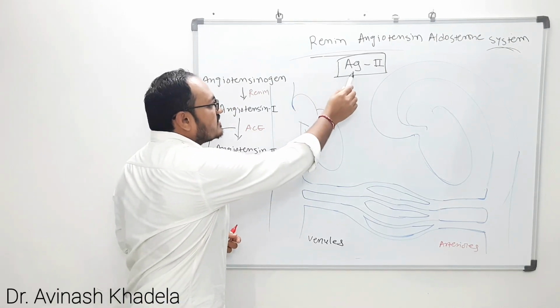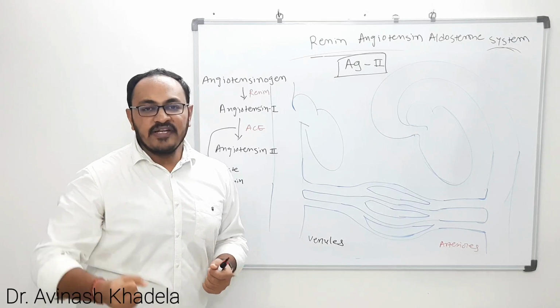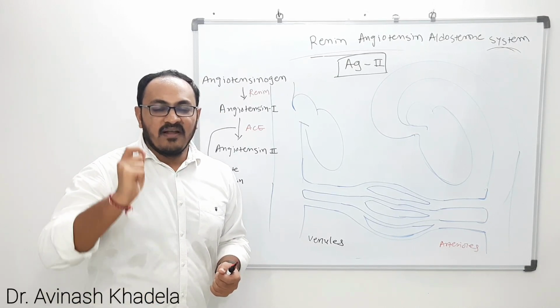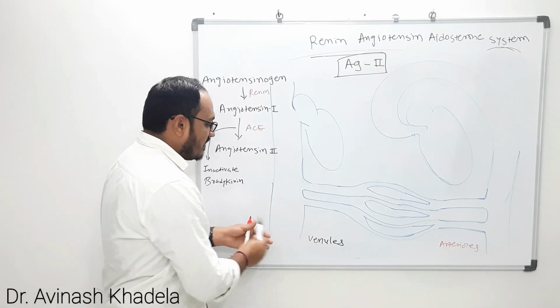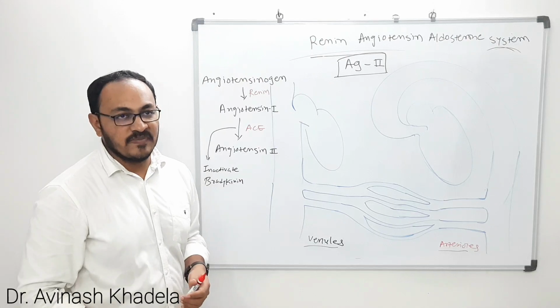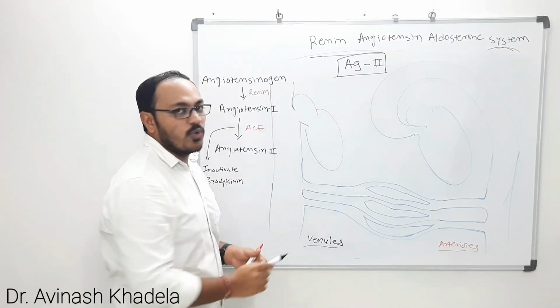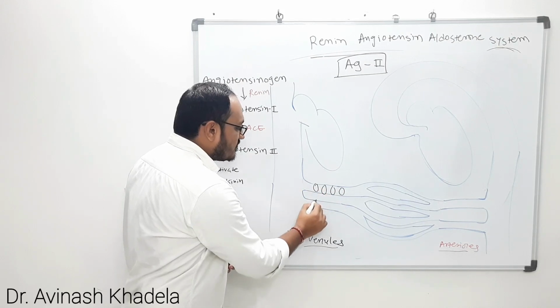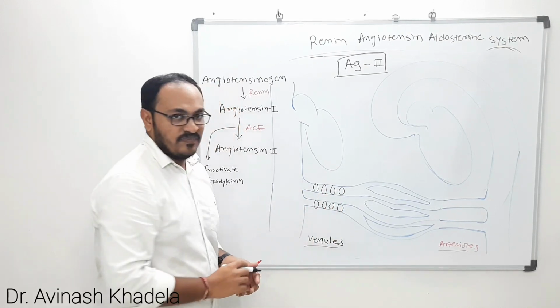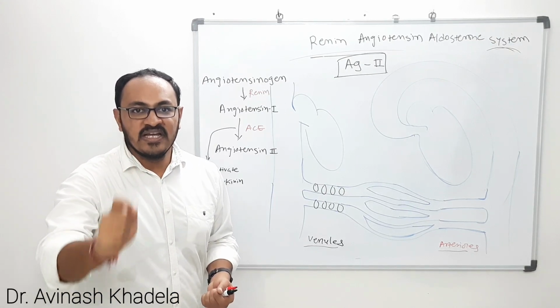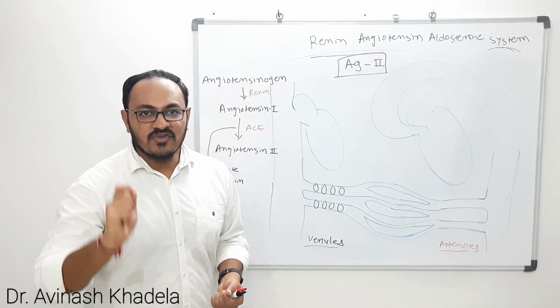Now, this angiotensin 2 has high affinity receptors in the smooth muscle, and our blood vessels, whether venules or arterioles, have smooth muscle. So this angiotensin 2 goes to the venules and leads to venoconstriction. When angiotensin 2 binds with the receptor present on the venules, it leads to venous constriction.